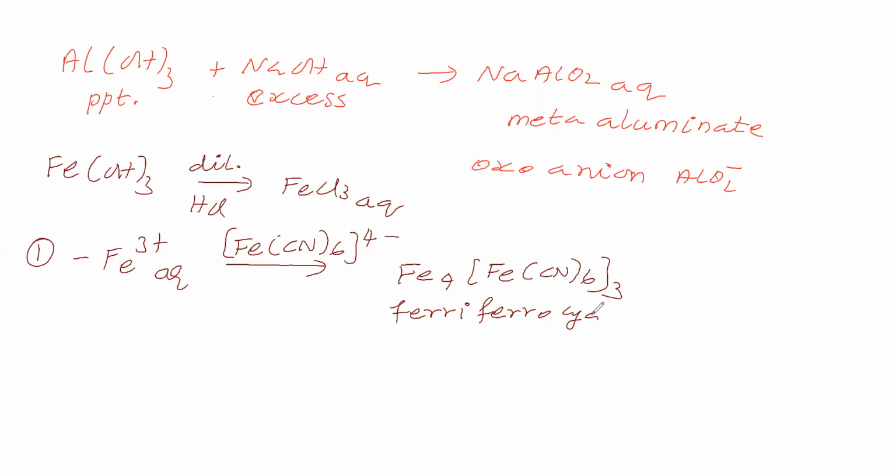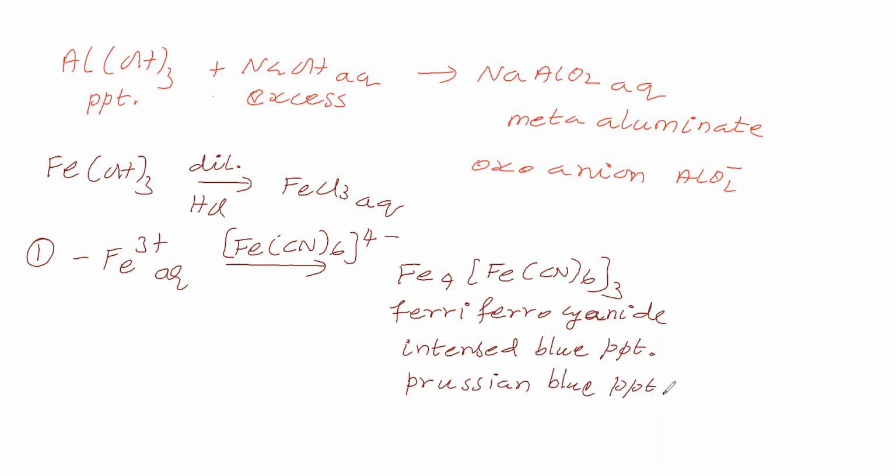CN is called cyanide, so we will get a ferrocyanide. This ferrocyanide gives an intense blue precipitate, which is called Prussian blue precipitate.